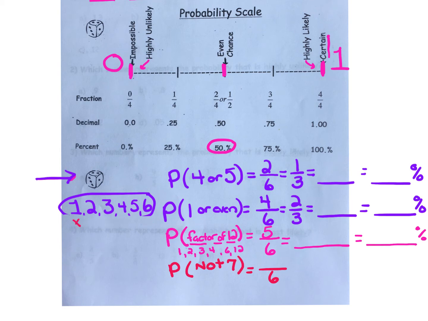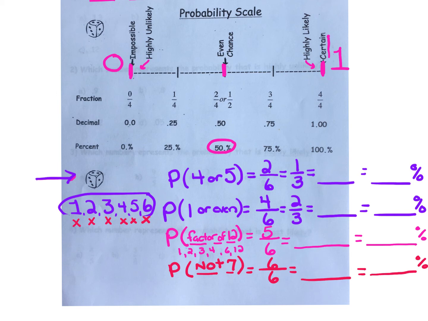We know 1 is not a 7, 2 is not a 7, 3, 4, 5, and 6. All of them are not 7s, and that would make them winners. It would be a 6 out of 6 chance. What is that as a decimal and then as a percent?